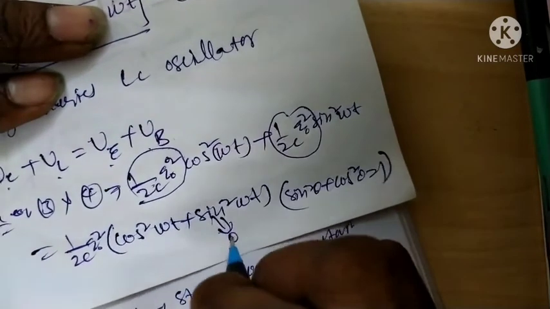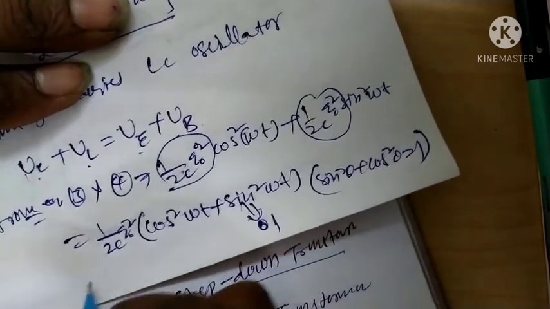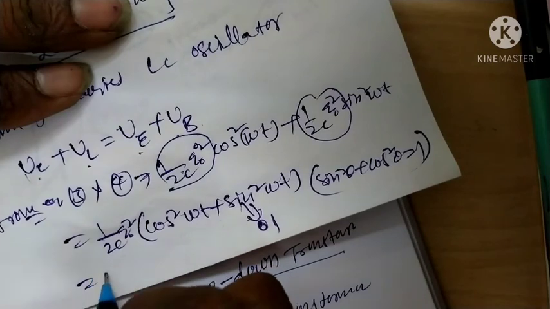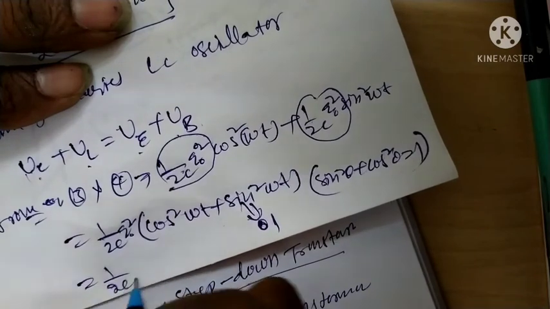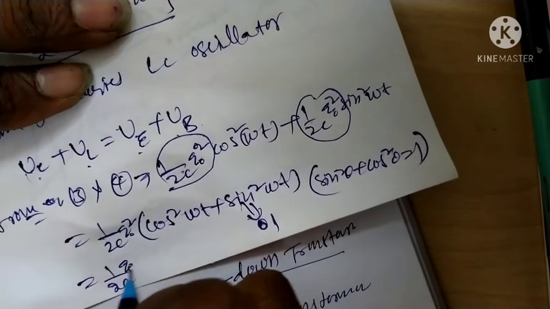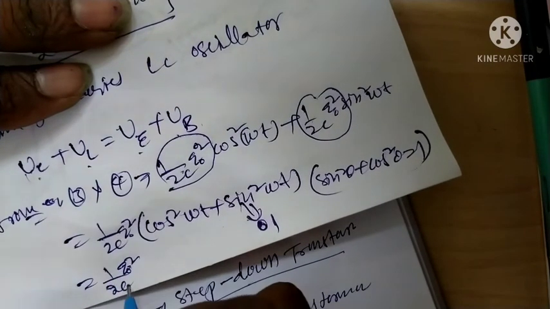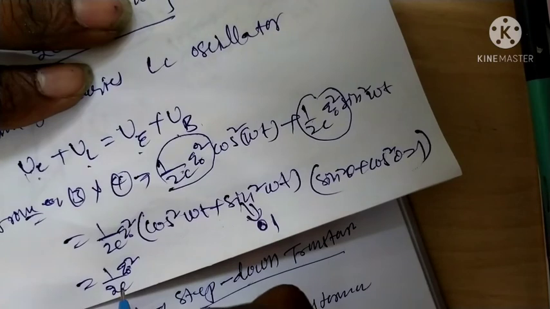From this equation we get one value, that is energy stored in the LC circuit, sum of the magnetic field and electric field, that is q naught square by 2C. This is the sum of the energy stored in the inductor and capacitor.